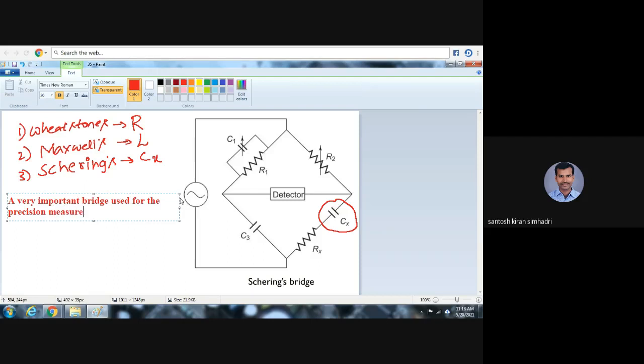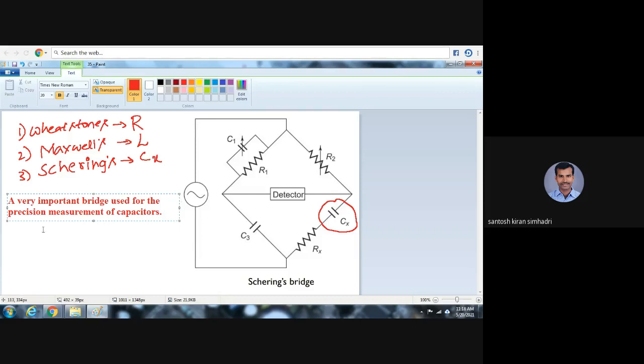You have to remember that golden word, measurement. Measurement of the capacitors. That's all. This is the important point, and their insulating properties with the help of this Schering bridge.